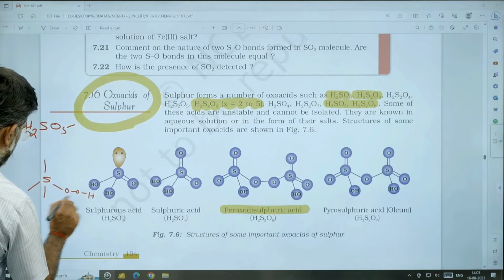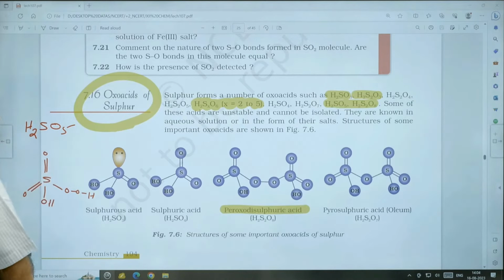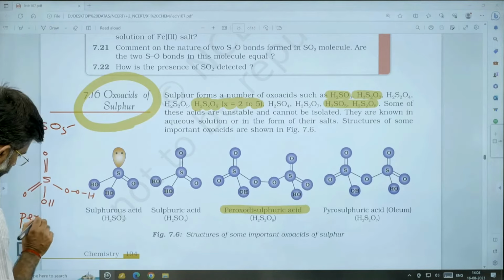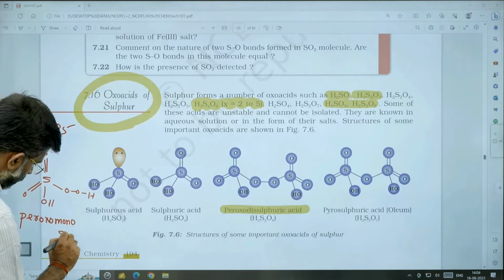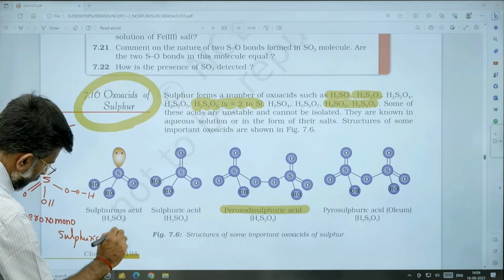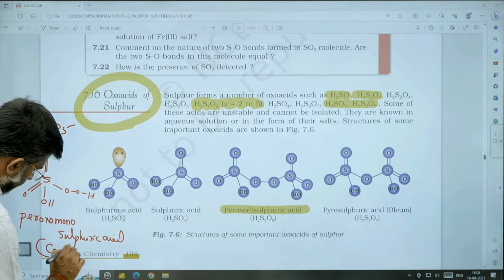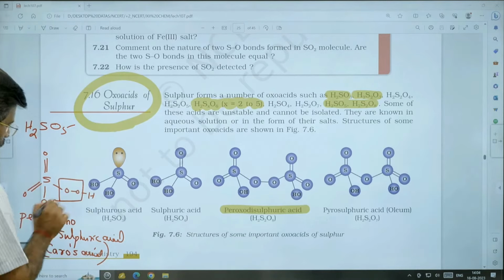There is a peroxy linkage. Peroxomonosulfuric acid is popularly known as Caro's acid. There is a peroxy linkage.